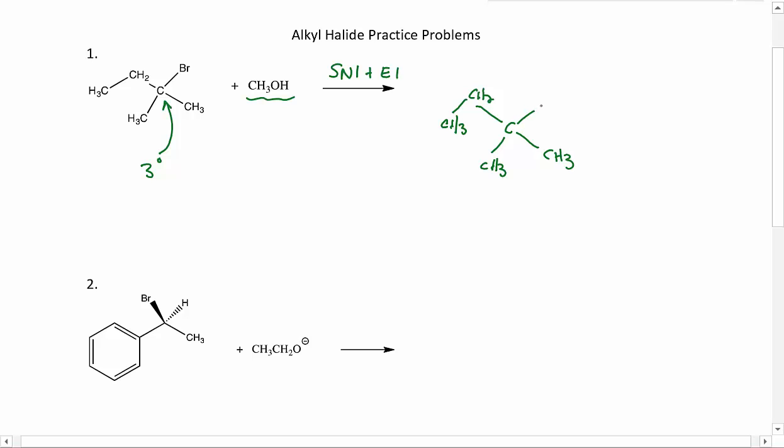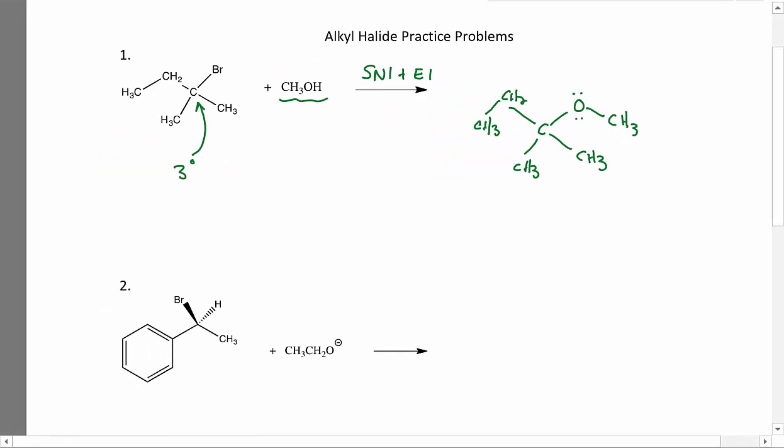So for the SN1, we're going to substitute that nucleophile for the halogen. And remember, we always lose that proton in these SN1 substitutions. We're also going to get elimination products. So we have 3 different beta carbons.